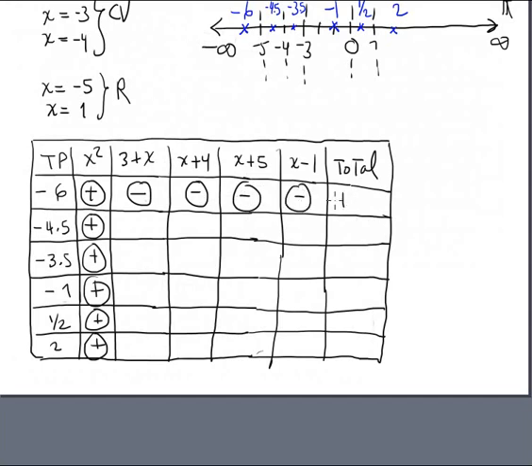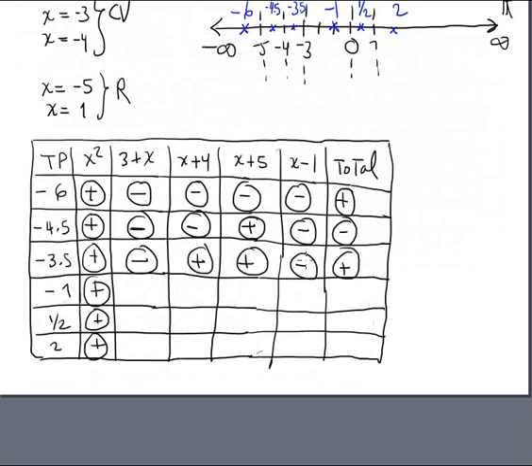Four minuses, plus. For -4.5: minus here, minus here, plus here, minus here, so minus. For -3.5: minus, plus, plus, minus, so plus. For -1: plus, because 3 minus 1 is 2, plus, plus.